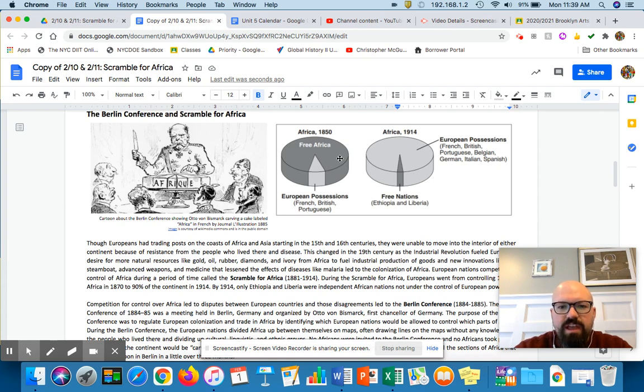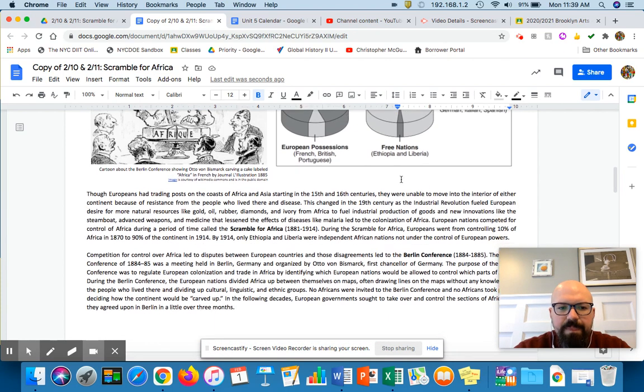You could see that before the Berlin Conference in 1850, there are very few European possessions or colonies, that most of Africa is free and independent. However, then in 64 short years, it kind of reverses, that most of it is possessions or colonies of Europe, and actually only 2 countries are completely independent, Ethiopia and Liberia.